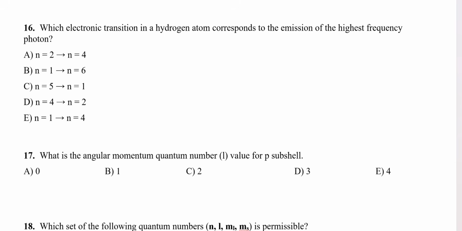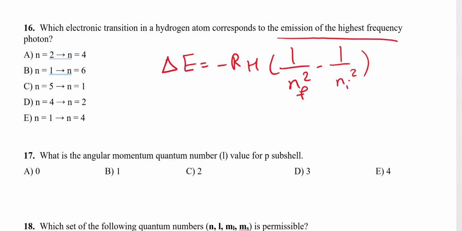In question 16, we would like to know which electron transition in hydrogen atoms can have the emission with the highest frequency. Based on the Bohr equation, the delta E is related to the position of the electron in the initial and final layers.